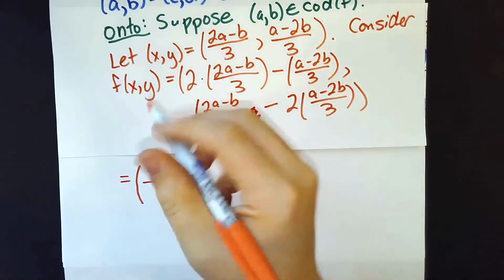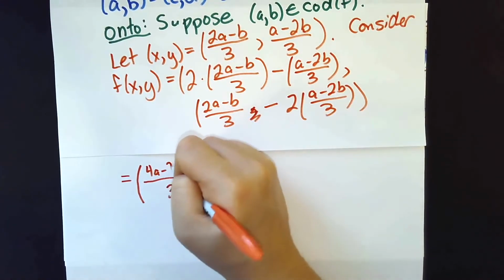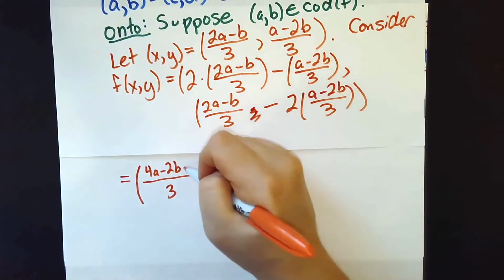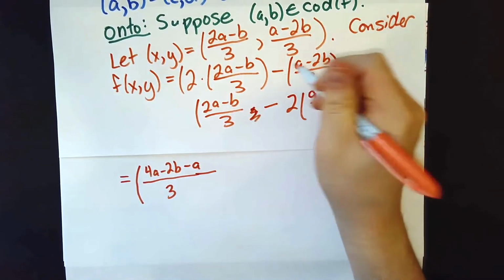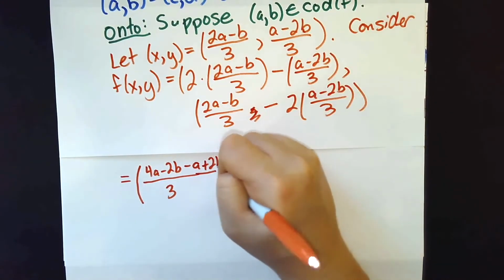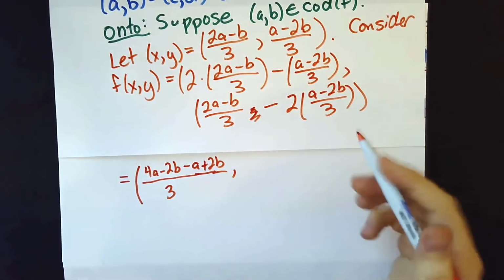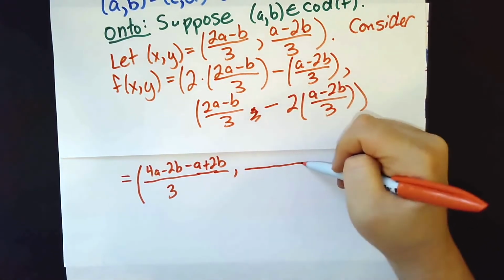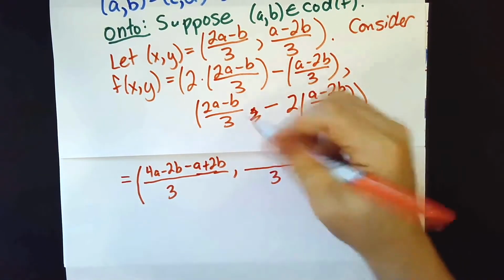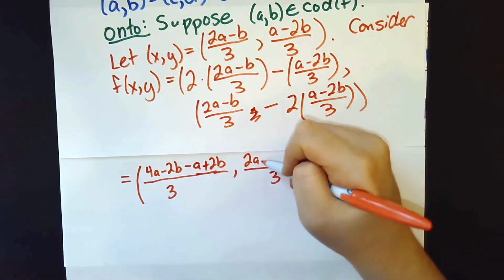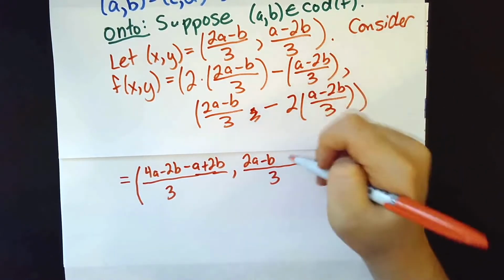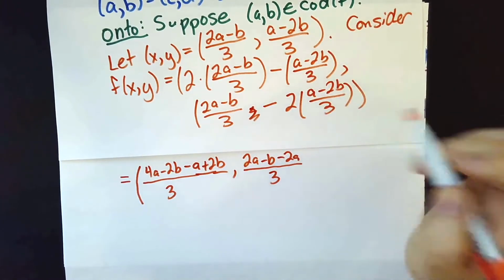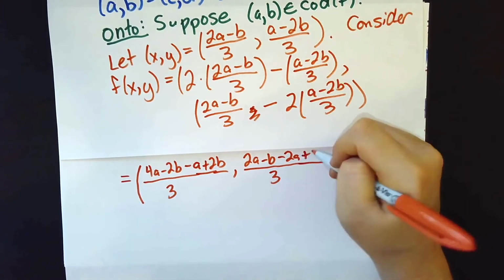Okay, so in the first slot, everything's over 3, so that's good. So my numerator is going to be 4a minus 2b, and then minus a minus minus 2b, so plus 2b, comma, and then everything here in the second term is also over 3, so it'll be 2a minus b minus 2a minus minus 4b, so that is plus 4b.